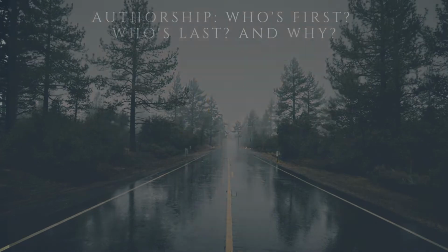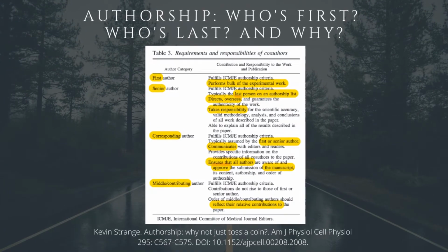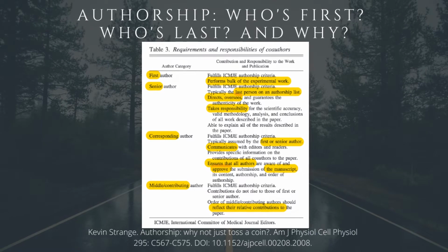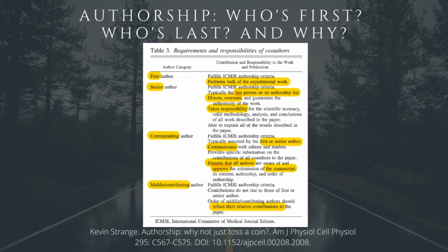A corresponding author typically is assumed by either the first or the senior author, and his responsibility is to communicate with editors and readers, and provide specific information on the contributions of all authors to the paper. He ensures that all authors are aware and approve the submission of the manuscript.